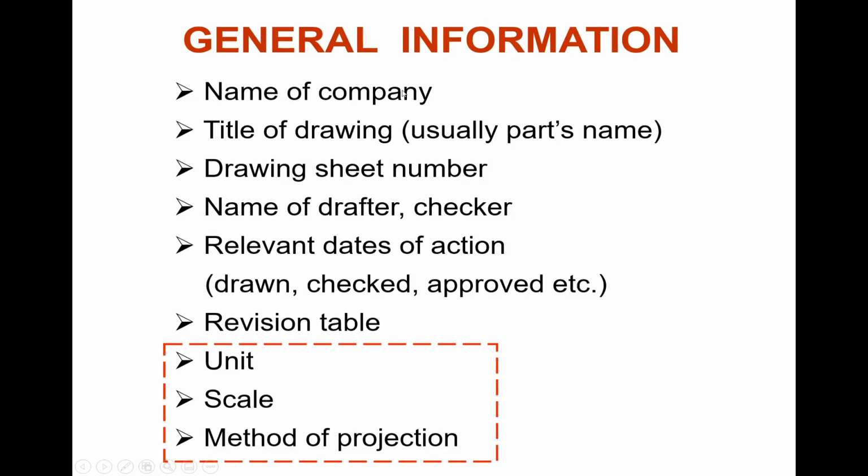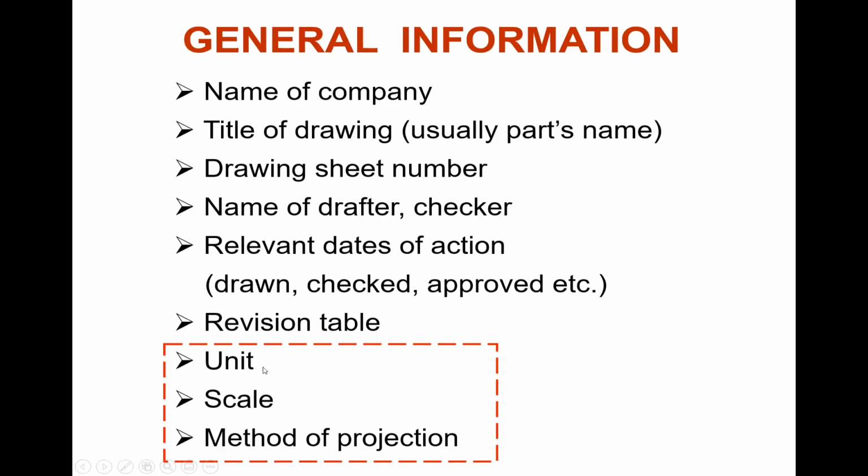Okay, this is normally the name of the company, title of drawing, the drawing sheet number, name of the drafter, relevant dates and revision tables. Okay, yang ni adalah optional. Tapi yang pentingnya, you punya general information yang kita akan look forward to is this. What are the units?